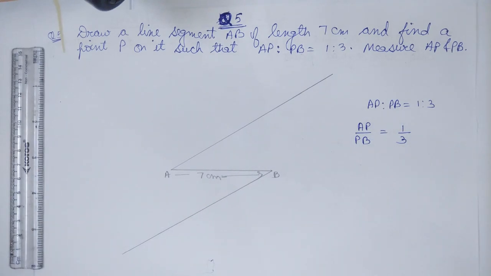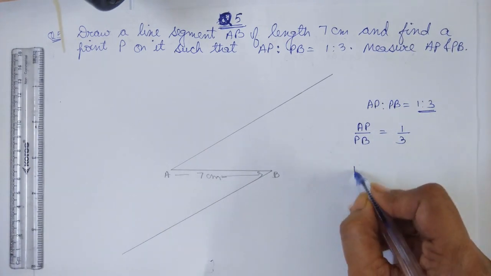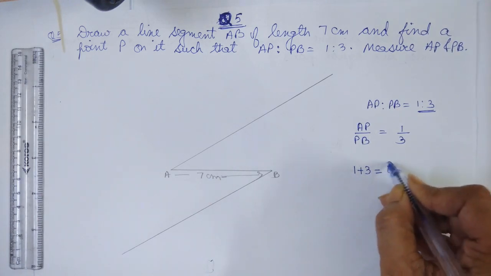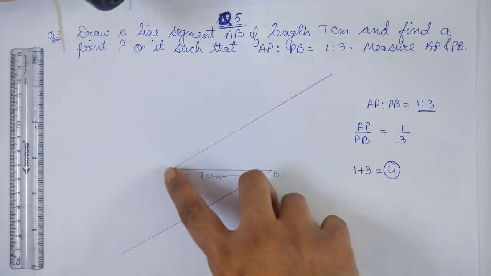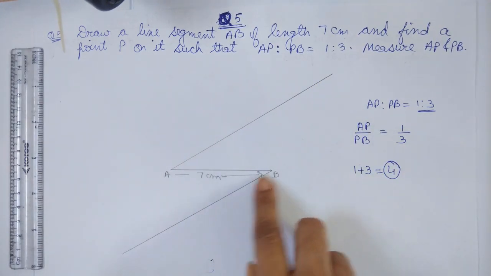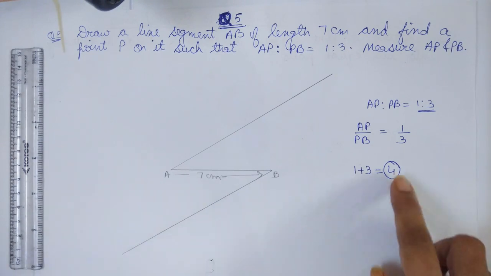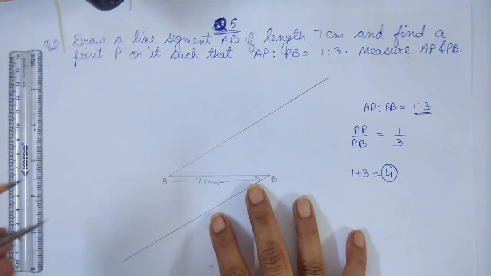Okay. So what will you do? How many divisions will you make? Here ratio is given, so 1 plus 3. Add them, it is coming as 4. So we will again make 4 divisions over here, and with the same measure from point B also we will draw 4 divisions. 1:3 means 1 plus 3, 4 divisions.